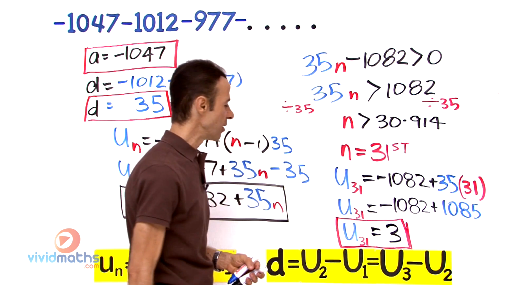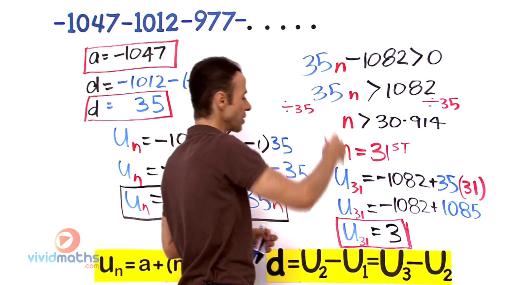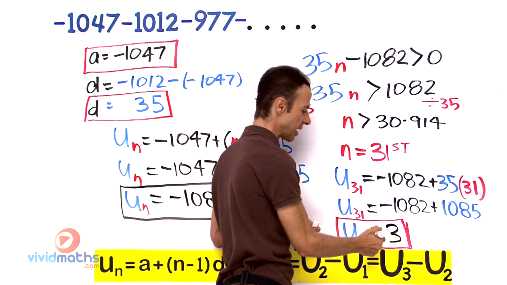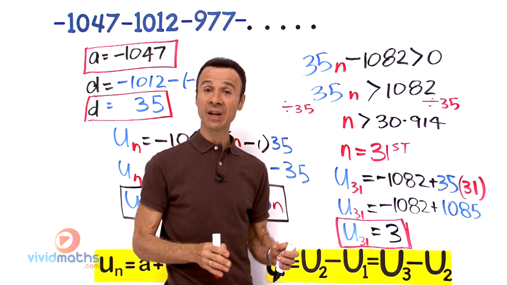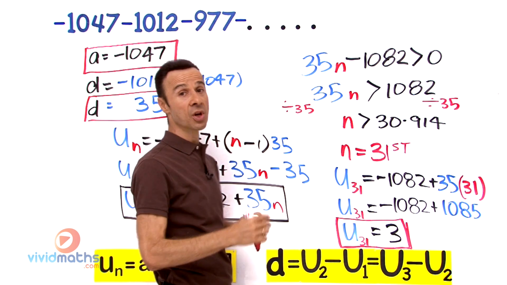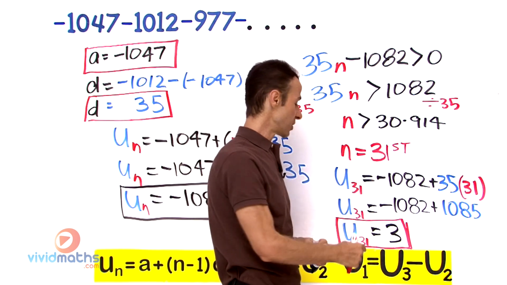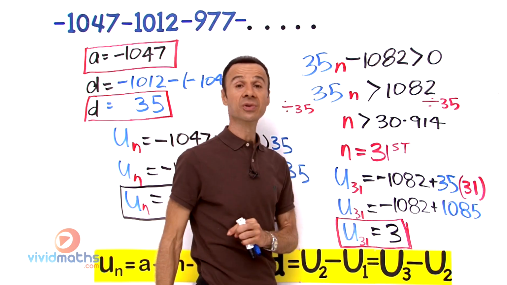So the 31st term gives us a value of positive 3. It's the first positive number, when the series turns over from negative numbers to positive numbers. Again, the 31st term equals 3.